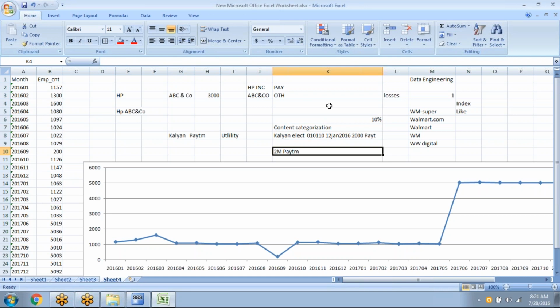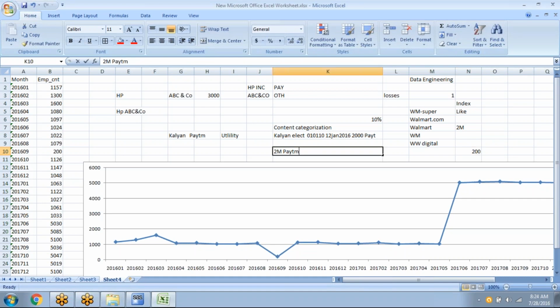Okay, let's say Paytm is a client of Wells Fargo, and every month we see on average 2 million wire transactions happening to Paytm. But one particular month, we saw it suddenly dropped to 200 transactions. Why did it drop from 2 million to 200? What happened to Paytm?